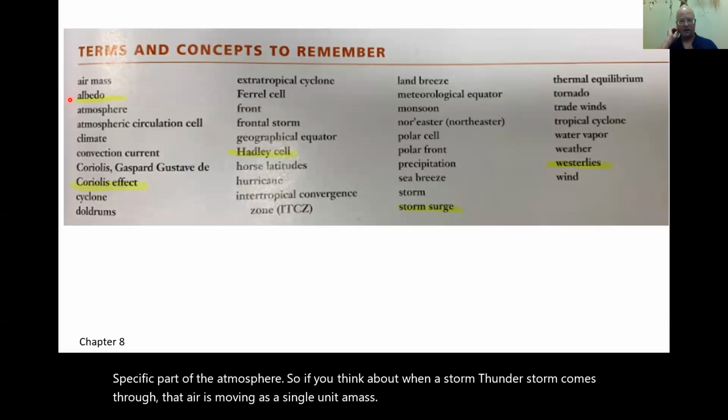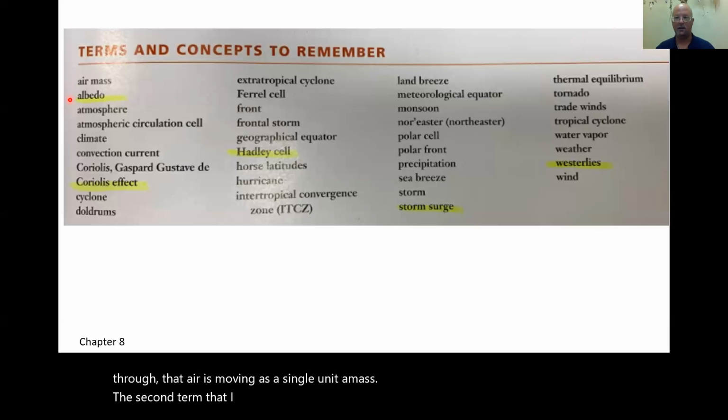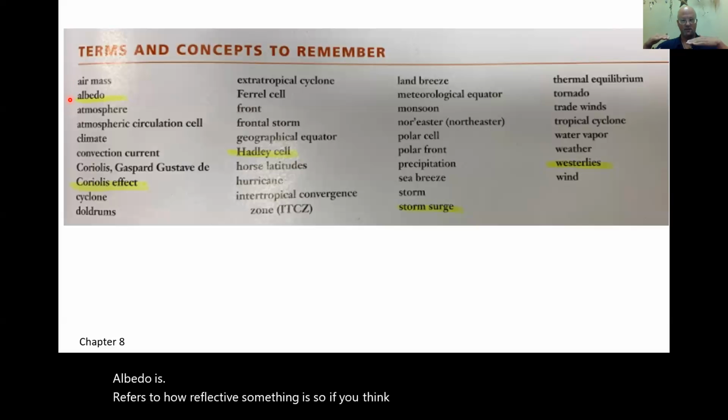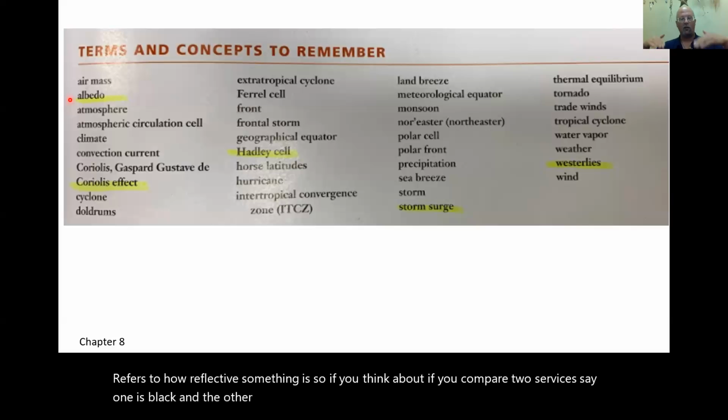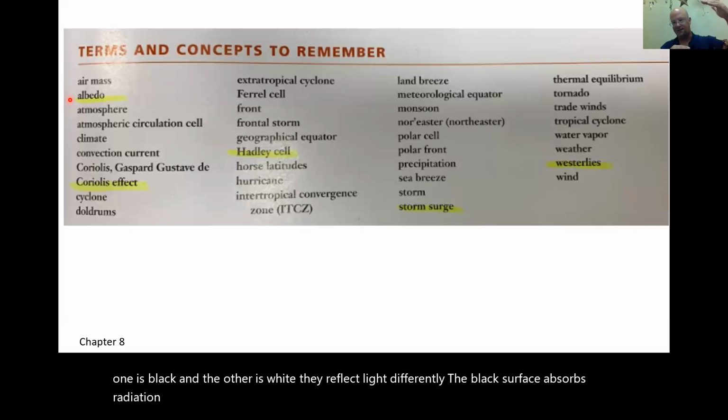The second term that I want you to know is called albedo. Albedo refers to how reflective something is. So if you compare two surfaces, say one is black and the other is white, they reflect light differently. The black surface absorbs radiation more, the white tends to reflect it.